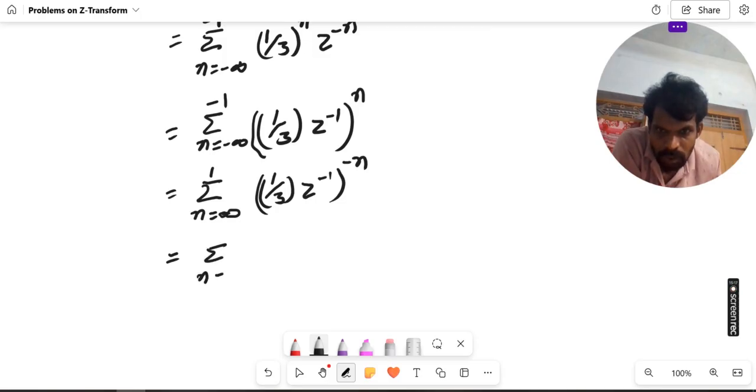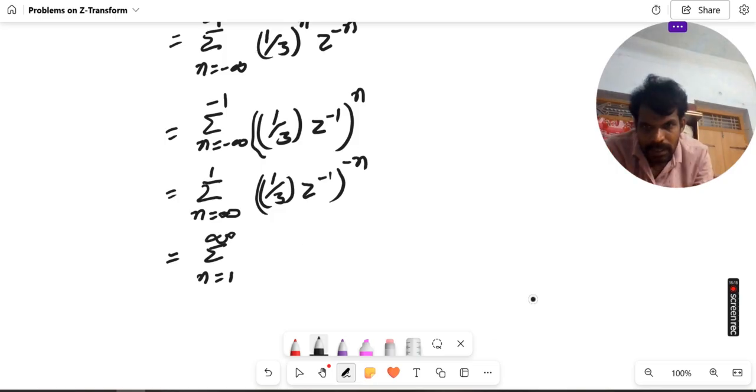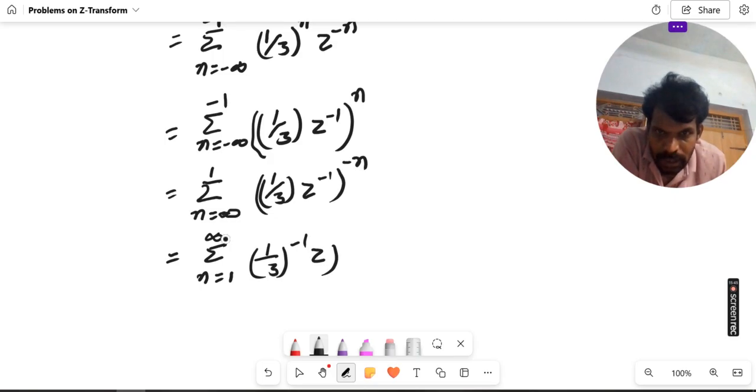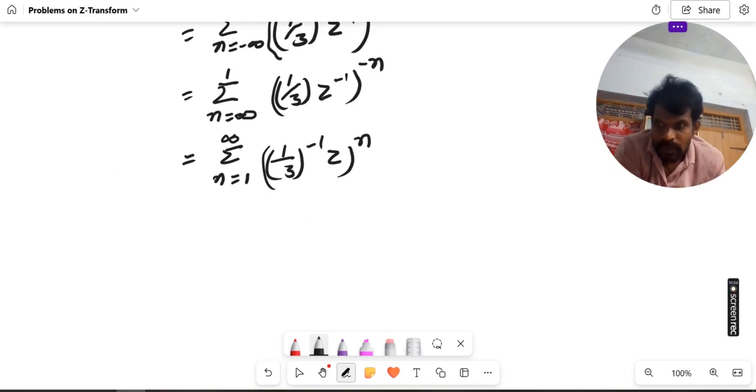Summation n is equal to 1 to infinity of (1/3)^(-1) z to the power of n. It looks like alpha power n, and for this the limit of n is from 1 to infinity.